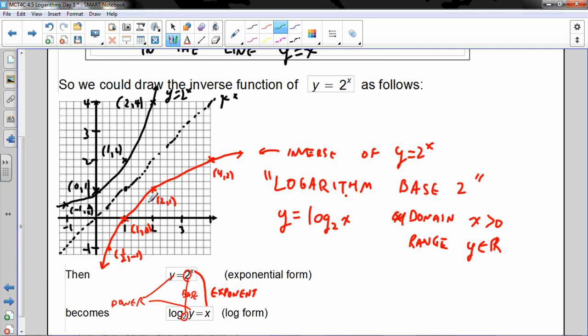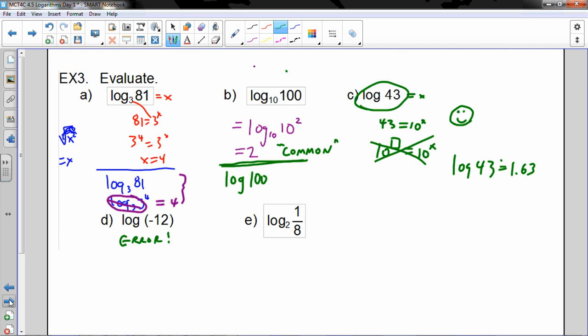What's the answer there? Well, the domain, we can only take the log of a positive number, and that makes total sense, because if I were to change this to its exponential function, I'm looking for the exponent so that I get an output of negative 12. Well, what exponent is going to give me a negative number?